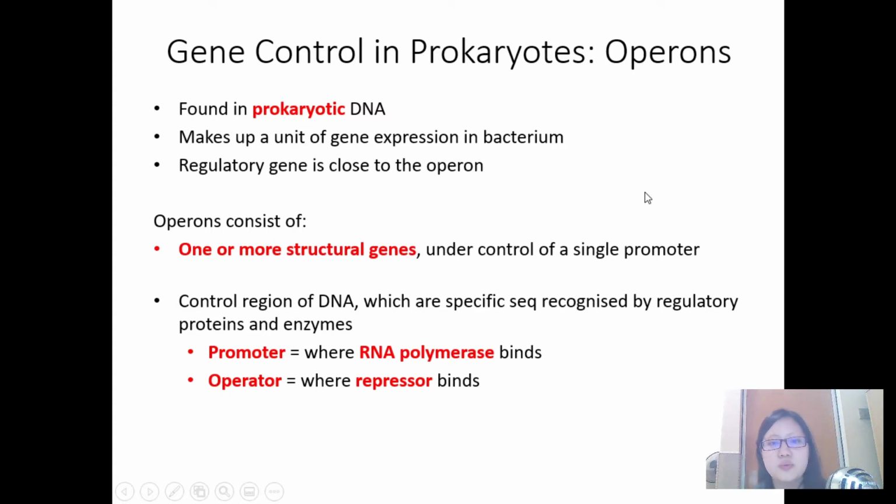I'll explain it soon; we have a diagram later. It also has a control region before those structural genes, which consists of the promoter, where the RNA polymerase binds, and the operator, where the repressor binds. There's also a regulatory gene that is close to the operon.